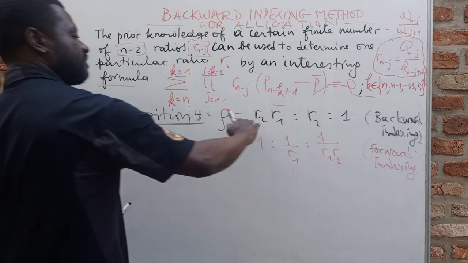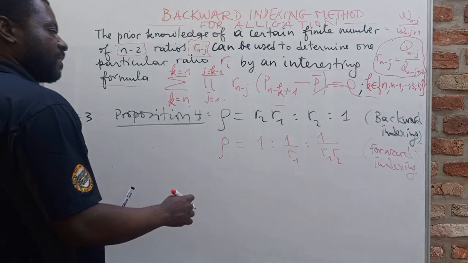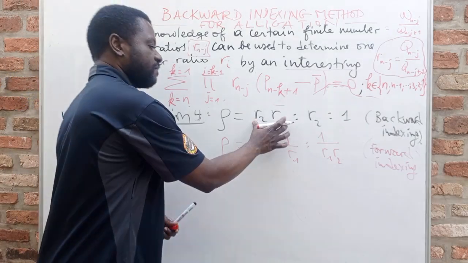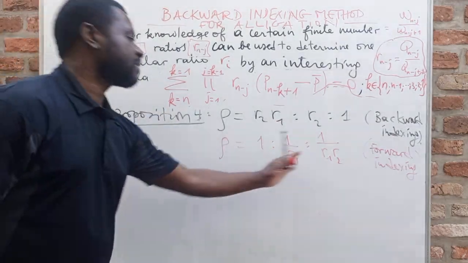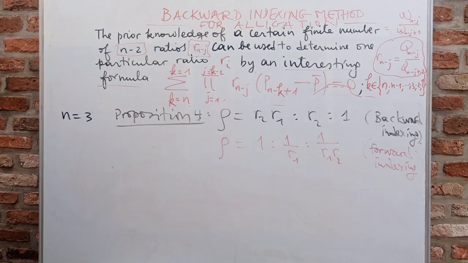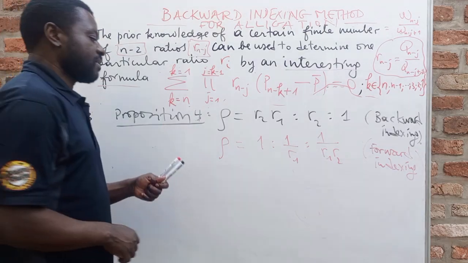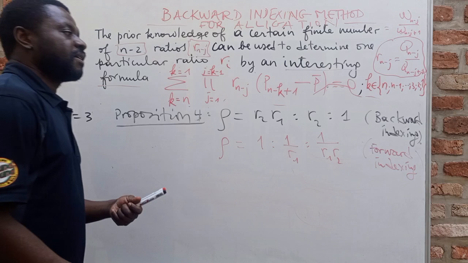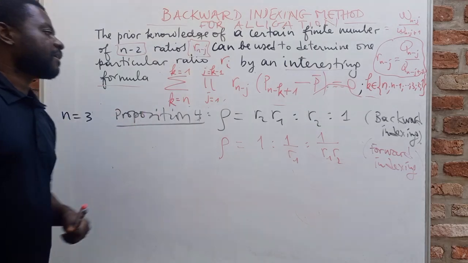If I divide each term by the product of the two ratios, I'm going to get the equivalent ratio. This is what always works in this formula.